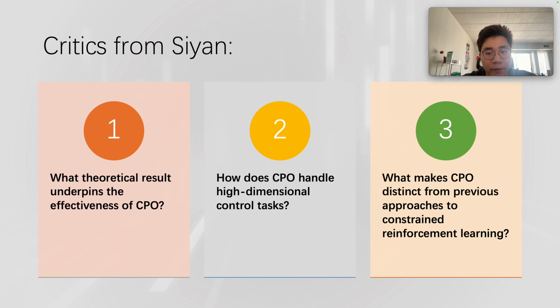And third, I think it employs surrogate functions and a trust region method, making it practical and efficient for high-dimensional control tasks, unlike previous methods that might require off-policy evaluation or lack guarantees for constraint satisfaction during training. So overall, I think CPO's unique combination of theoretical robustness, practical efficiency, and the ability to handle constraints makes it a significant advancement over previous constrained reinforcement learning approaches.